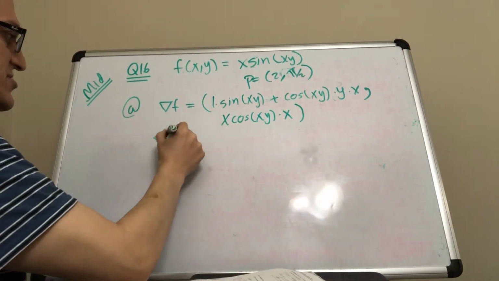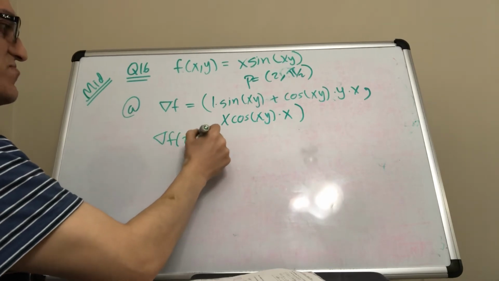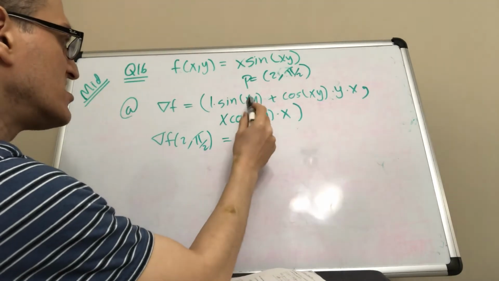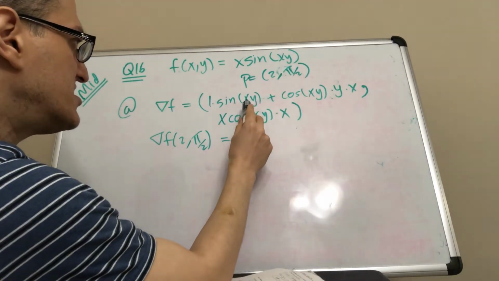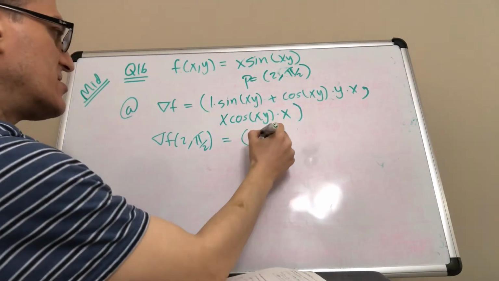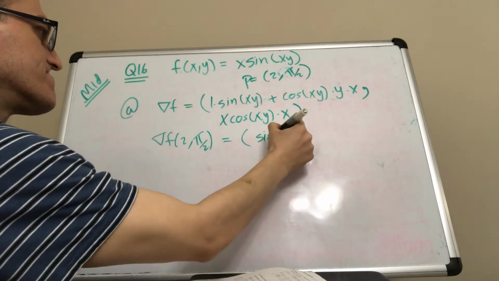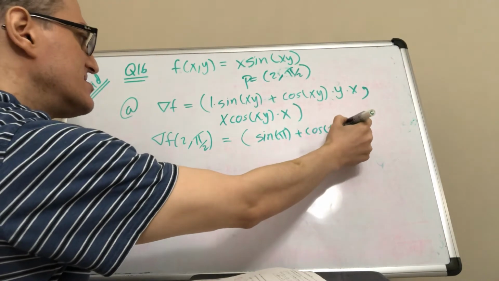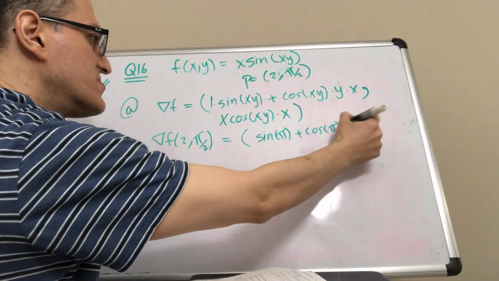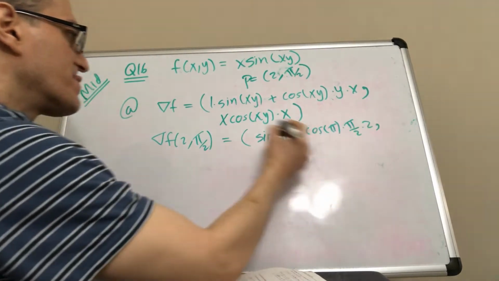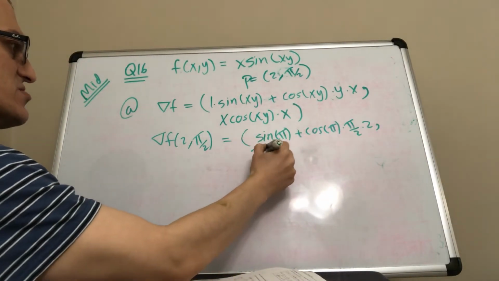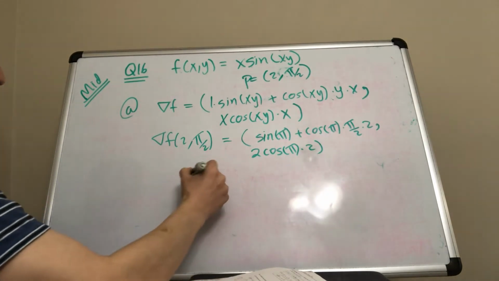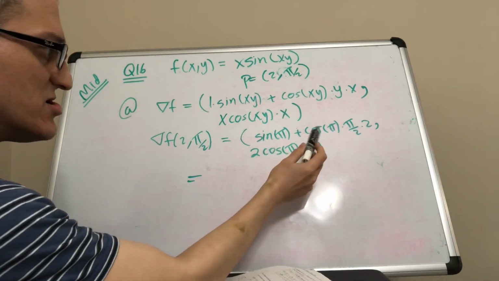And then what's the gradient at the point 2, pi over 2? Plug it here, pi over 2 times 2, that's sine of pi. That's cosine of pi times pi over 2 times 2. Here it would be 2 cosine pi times 2. That's 0.